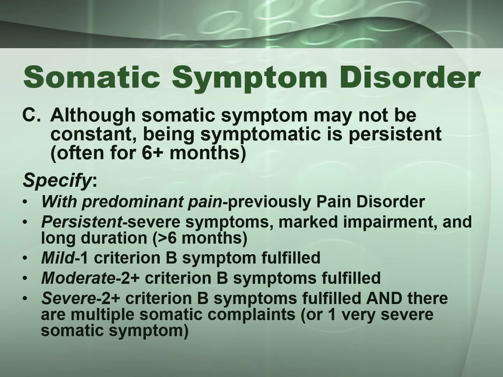So just to remind you, this would be disproportionate and persistent thoughts about the seriousness of the symptom, high anxiety about their health or the symptom, and excessive time and energy devoted to the symptoms or the health concerns. So whether they have 1 or 2 of those, or if there are multiple complaints and very severe complaints, would be what we would use to add a specifier of mild, moderate, or severe.